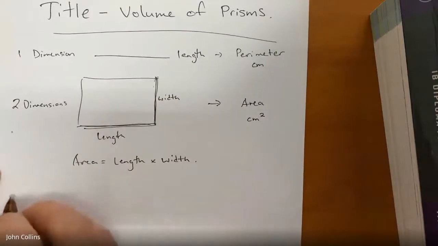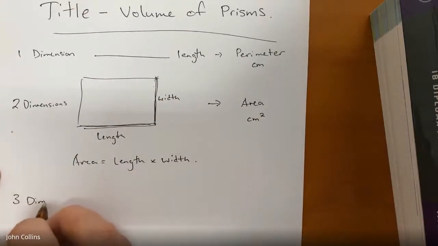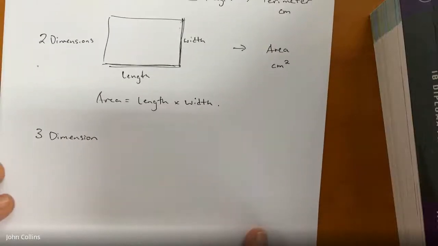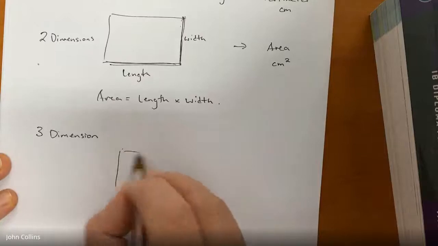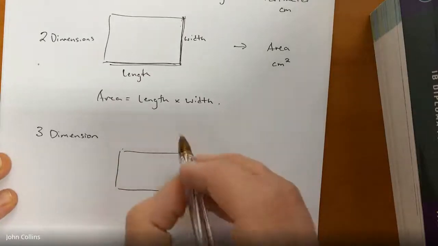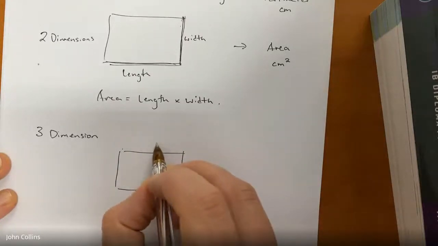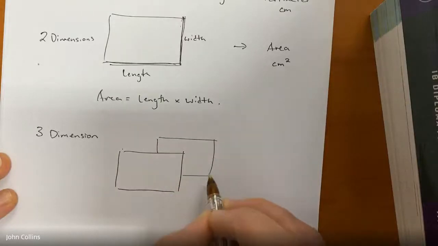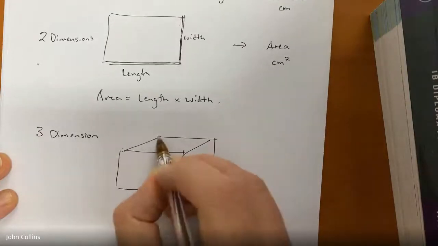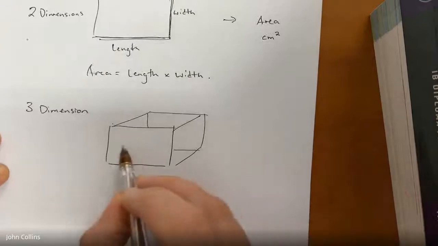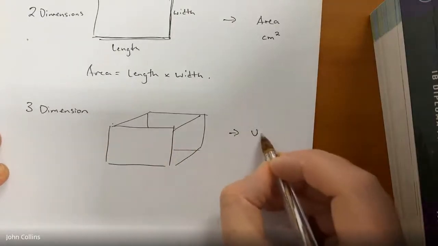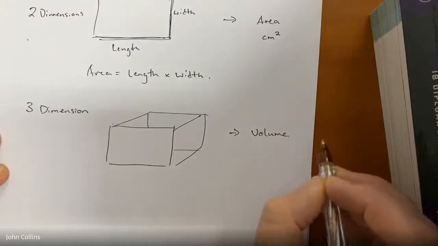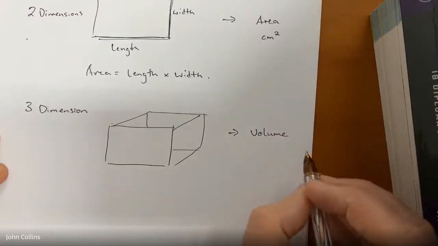Now we're moving on to the third dimension. Three-dimensional shapes. That is when we add another dimension to this. And the word we talk about when we're talking about third dimensions is volume.